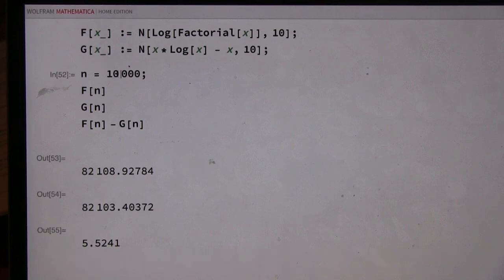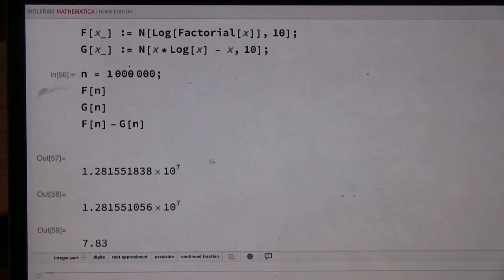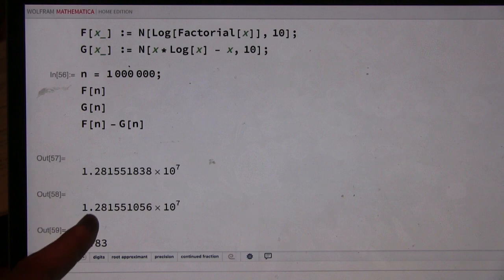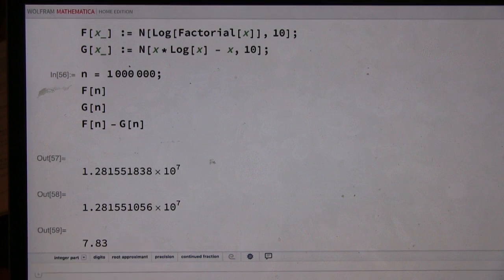Let's go up to 1,000,000. Okay, 1,000,000 factorial. So here's something we would have next to no shot calculating if we wanted to. So we basically have it to 6 decimal places in scientific notation.